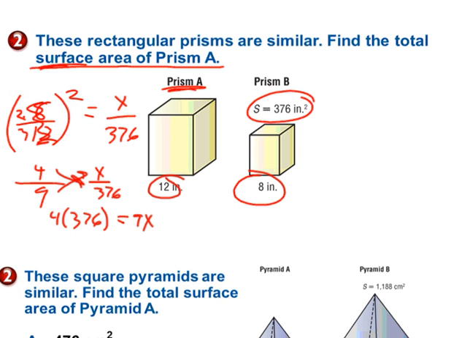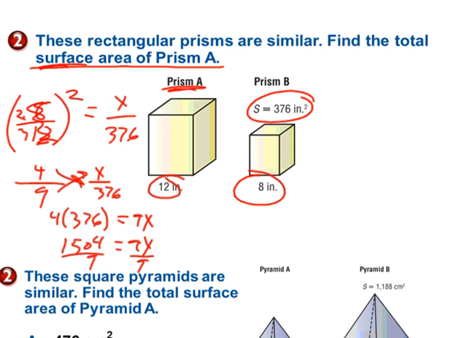So with my calculator, I'm going to do 4 times 376. And I get 1,504 is equal to 9x. So now I'm going to divide both sides by 9.